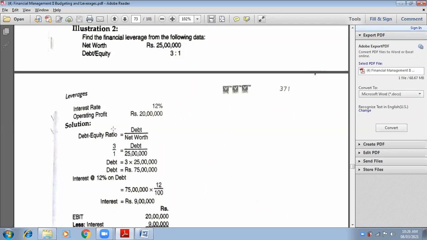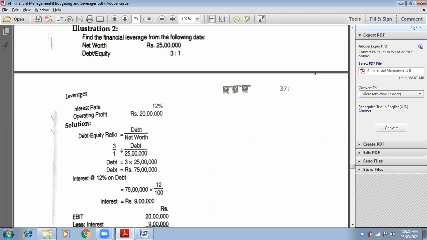Okay. So net worth is already given 25 lakhs. So debt equity ratio is already given 3:1. So debt equity ratio is 3, or you can say 3/1. It's one and the same thing. 3/1 is 3 only. So 3 is equals to debt is question mark, net worth is 25 lakhs. Net worth means equity.